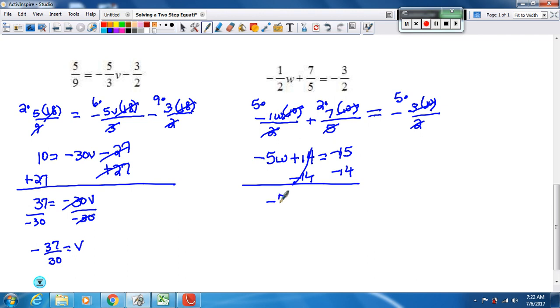Negative 5w equals negative 15, and a negative 14 is a negative 29. Divide both sides by negative 5 so that w is by itself. Top cancels with bottom. W equals, top negative cancels with bottom negative. 29 over 5 does not simplify, so you just leave it as 29 over 5.